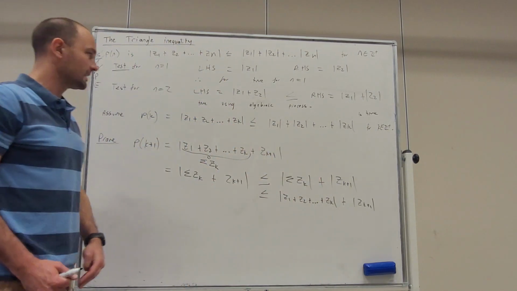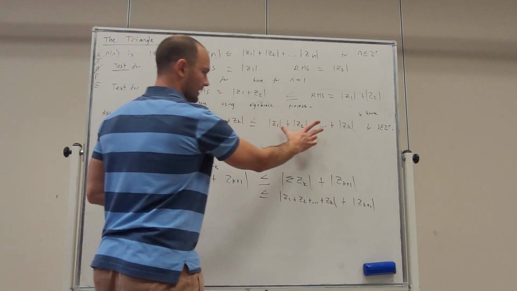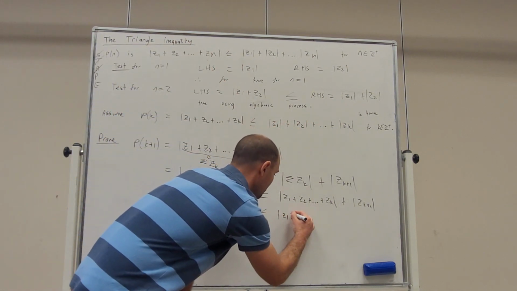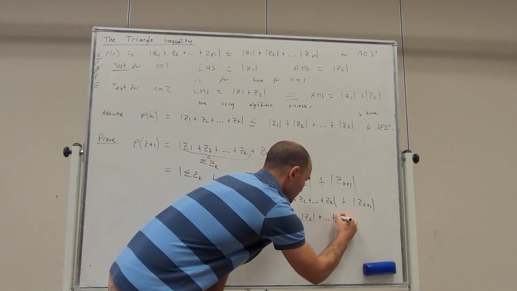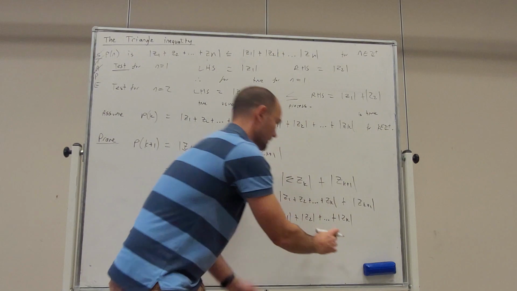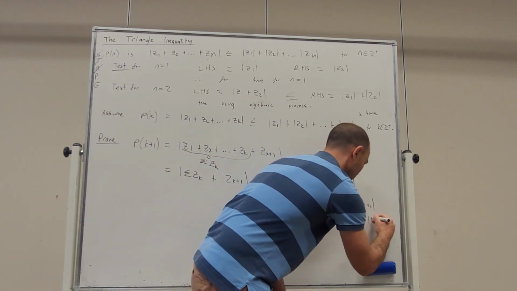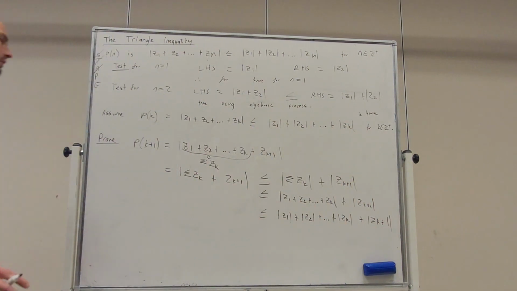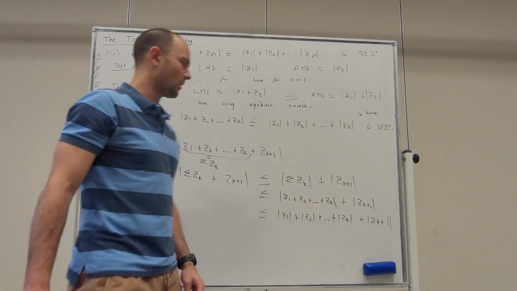And here's where we use our assumption, that the modulus of the sum all the way up to Z K is less than or equal to the modulus of Z1 plus Z2 up to Z K, plus the modulus of Z of K plus 1. That's our assumption, that's where we're plugging it in.